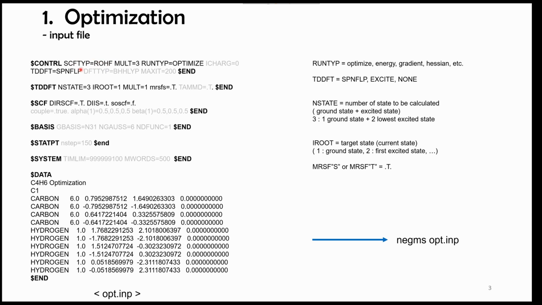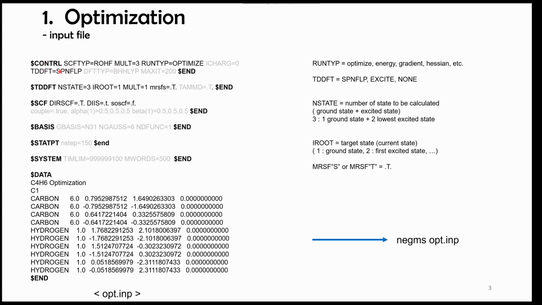MRSF uses ROHF as a reference wave function, so we use ROHF. And the multiplicity of the ROHF orbital is a triplet, so we use 3. And just simply give the run type as optimize. And ICHARG is the charge of the molecule.